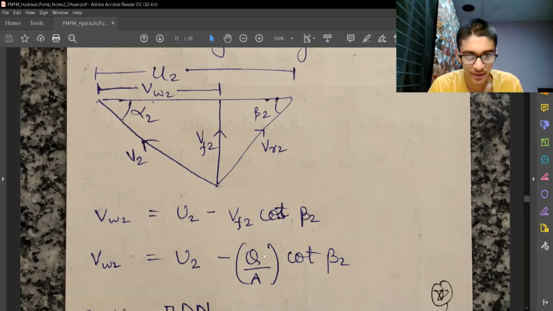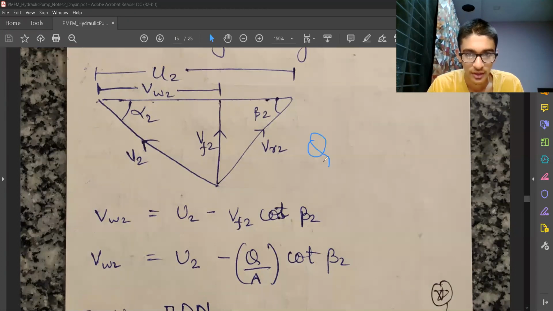Q is volume flow rate. So it was area into flow velocity, VF2. So if we write Q is A2 VF2, since the flow rate is going to be constant, or A1 VF1, you can write like that.